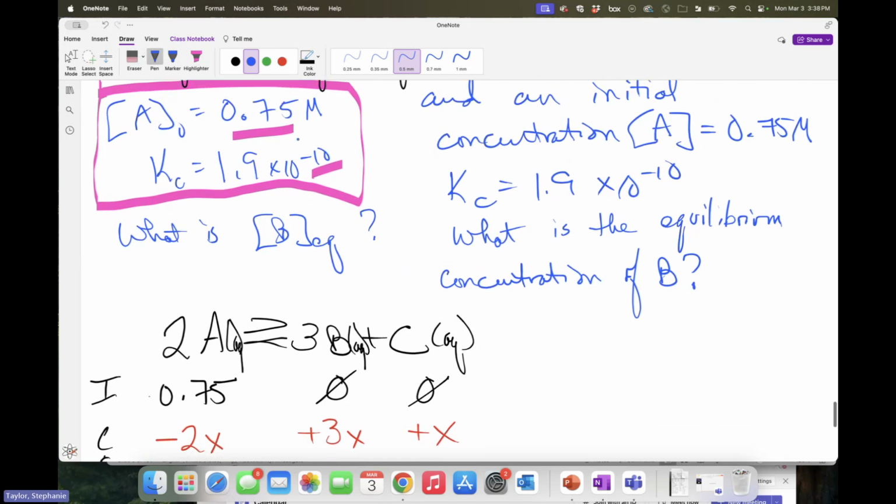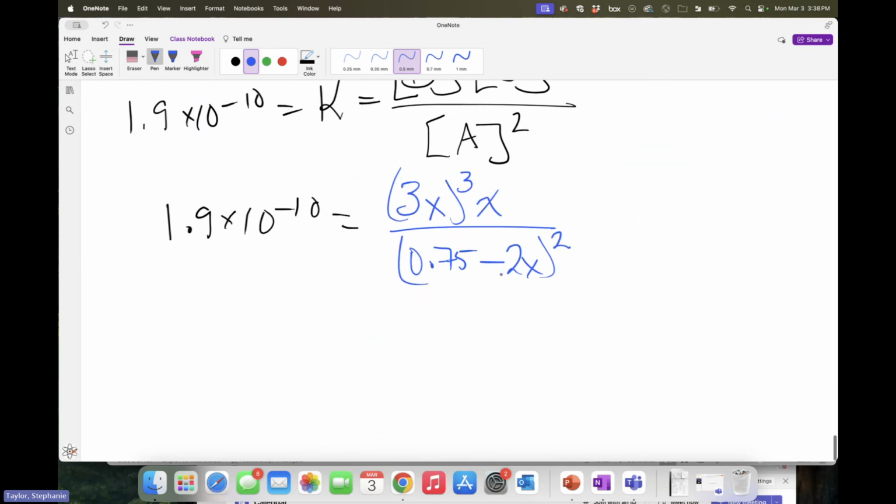So I'm trying to say that this Kc value is so small that the change away from the initial concentration is basically zero. So when I look at this, I'm going to say that this change here, that my x here, is just zero.